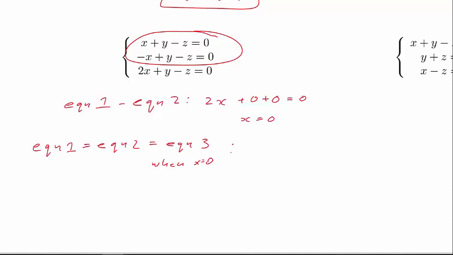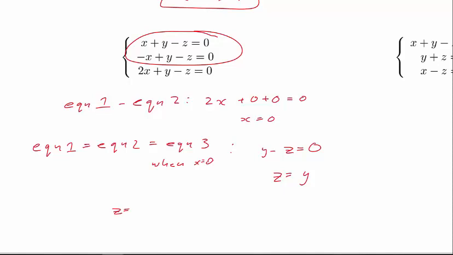Right, and so when we plug it in, what equation is that? That is simply y minus z equals 0. So we can get y and z in terms of each other, and we'll see that z equals y. So there are 2 ways of writing this.